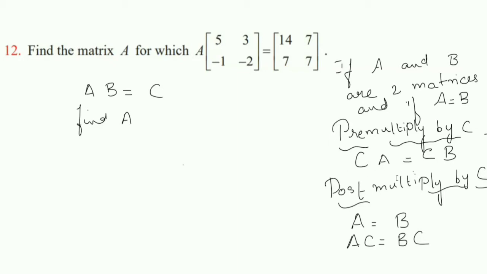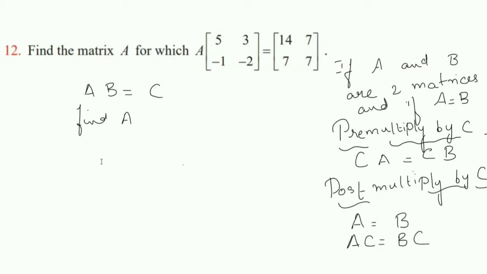Now what do you mean by post-multiplication? If matrix A is equal to B, you multiply the matrix C after A, and similarly on the right side you multiply the matrix C after B. That is called post-multiplication. So pre-multiplication and post-multiplication, you should know these concepts before we do this sum.